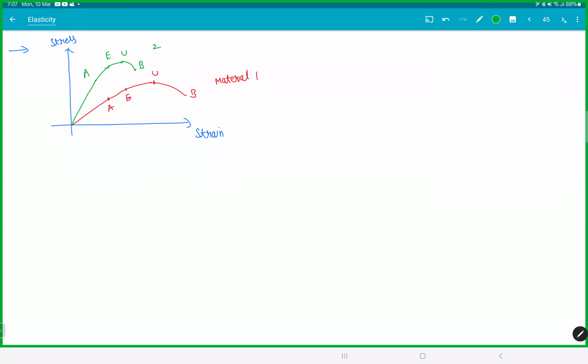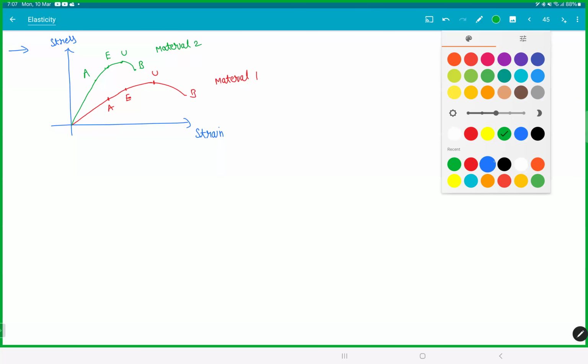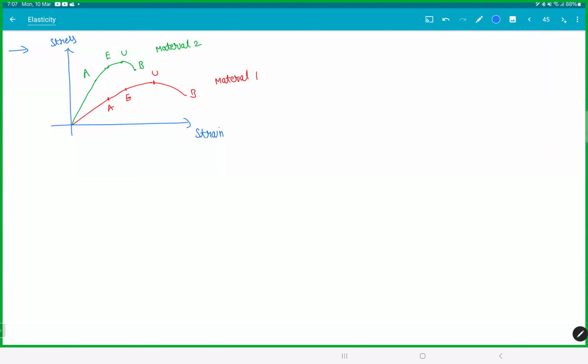This is material 2. Now they'll ask a question like this: which material has a high Young's modulus? Or which material is better to make springs? And which material is better to make wires? You tell me which material is better to make wires and which is better to make springs.